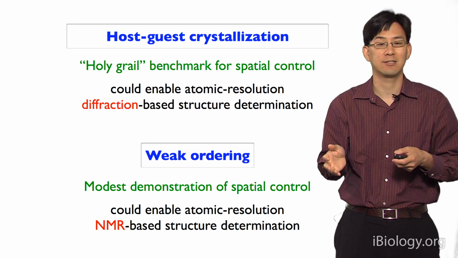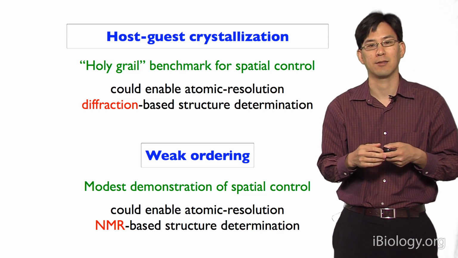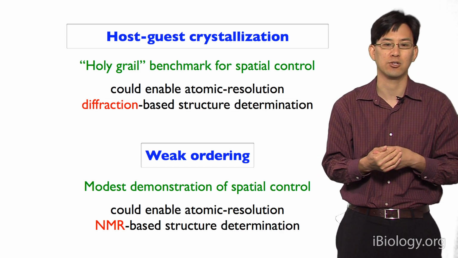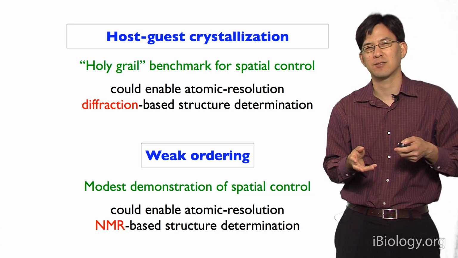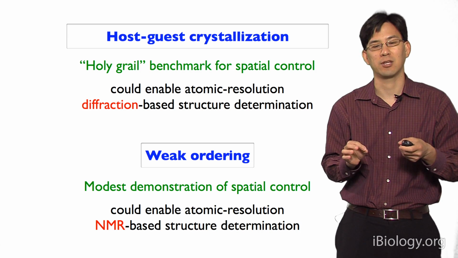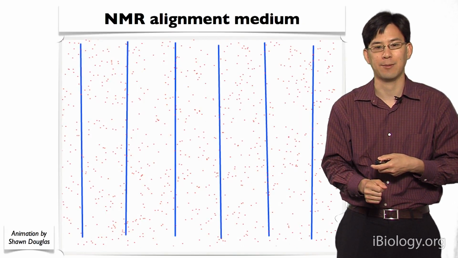And if that becomes too messed up, that's going to destroy the process of structure determination. In contrast, with weak ordering, what we're doing is we're just barely trying to change the population of solution tumbling molecules away from isotropic. So what does that mean?